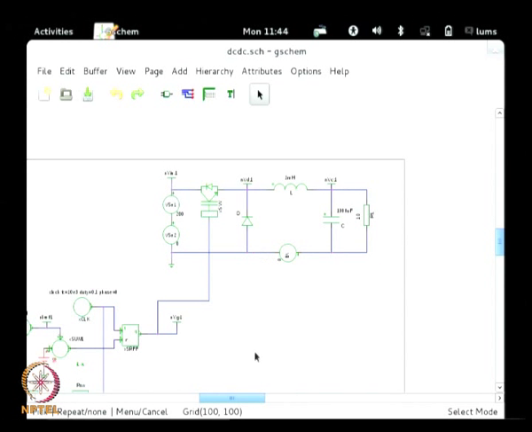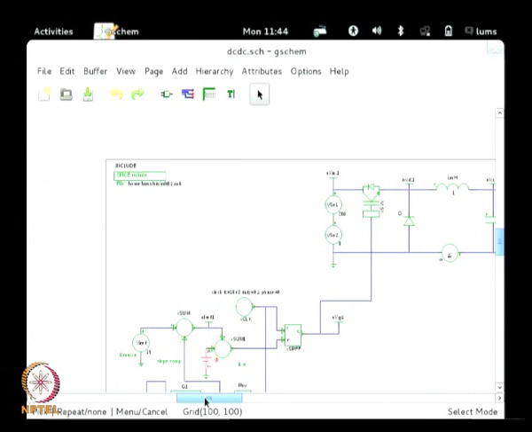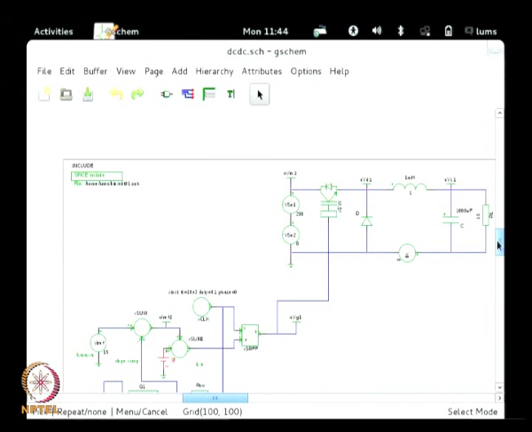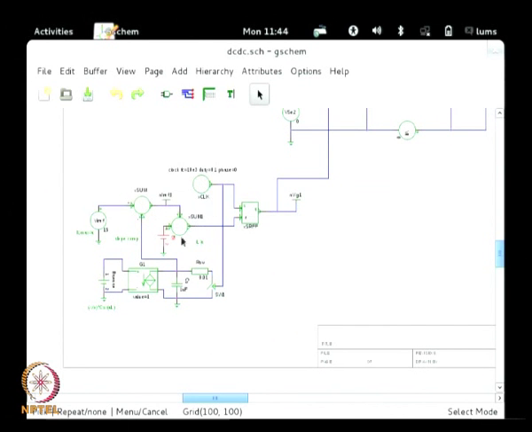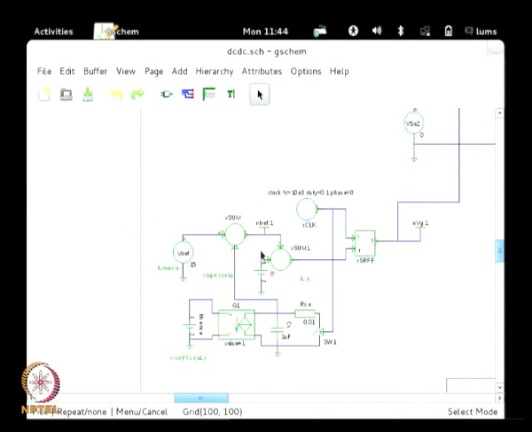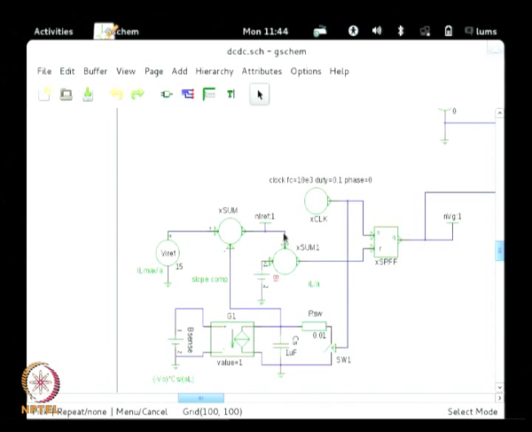Now, coming back to this control block diagram here. This is actually the feedback current IL, and this point is actually the slope compensated current reference.